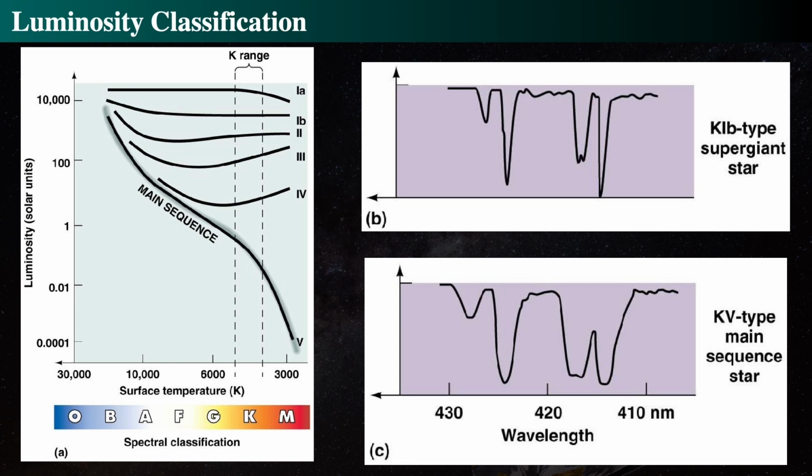Since it's puffy, the pressure is low, so there's very little movement of the atoms, and they can absorb only at their rest wavelength. However, in the main sequence star, the atoms are moving, so they can absorb light a little bit off of their normal wavelengths, and therefore you get a broader absorption line.